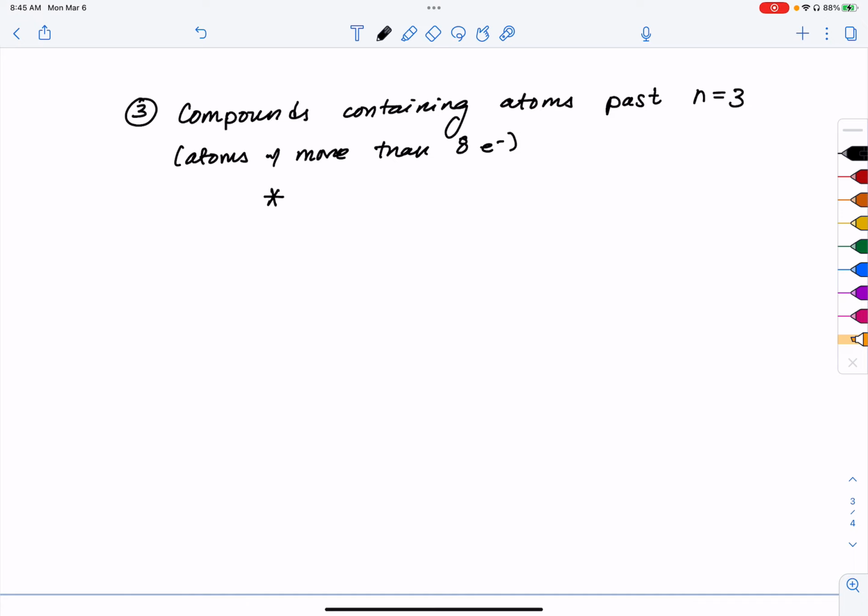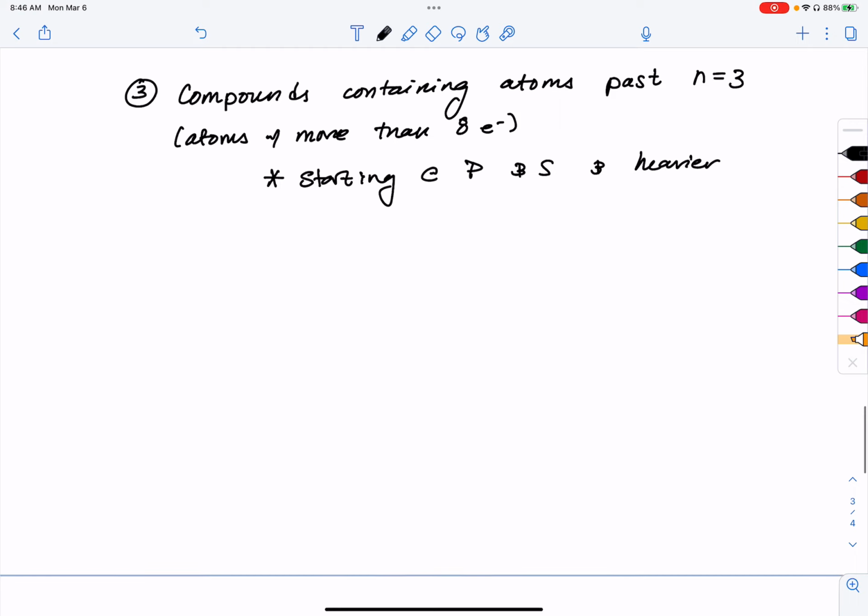And when I say past n equals 3, I mean like past the 3p. So we're going to start with our nonmetals of phosphorus and sulfur and heavier.